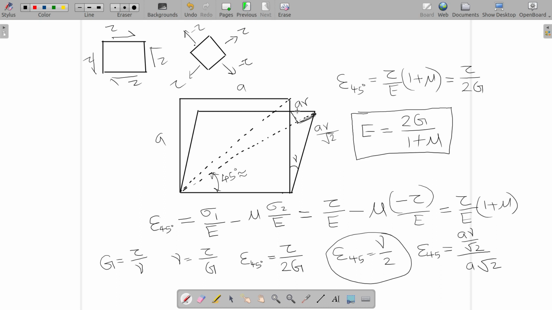So change in length is a gamma by root 2 divided by original length, which is a root 2. Now this is equal to gamma by 2. So that is the reason why we simply took epsilon 45, which is linear strain, as tau by 2G. I kind of skipped a step. This is the step. You actually have to prove that epsilon 45 is equal to gamma by 2. Otherwise you can't directly write this relationship.